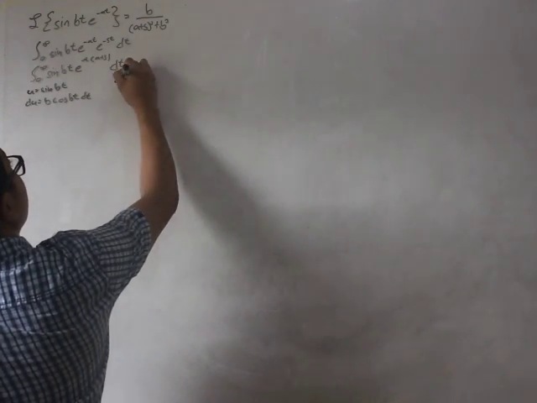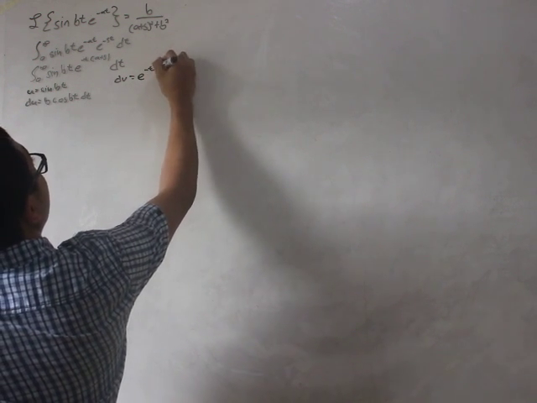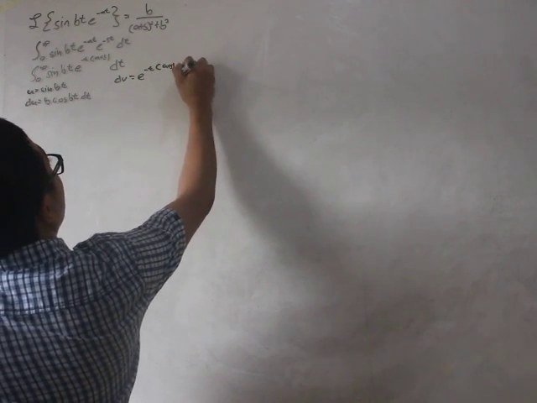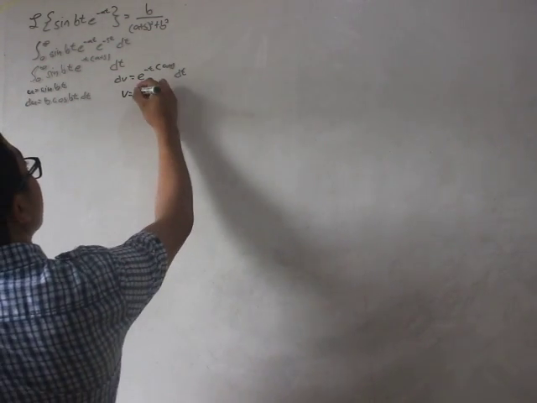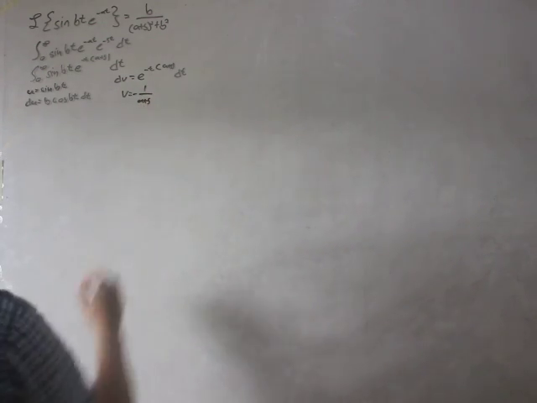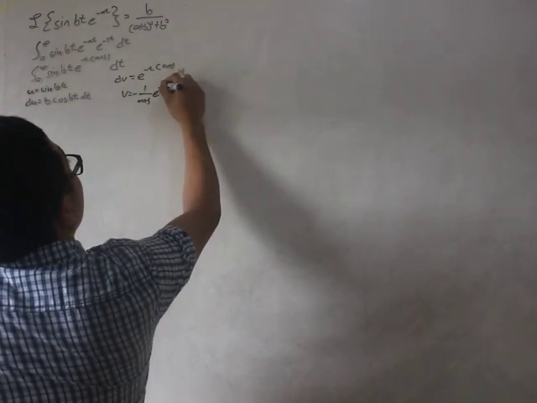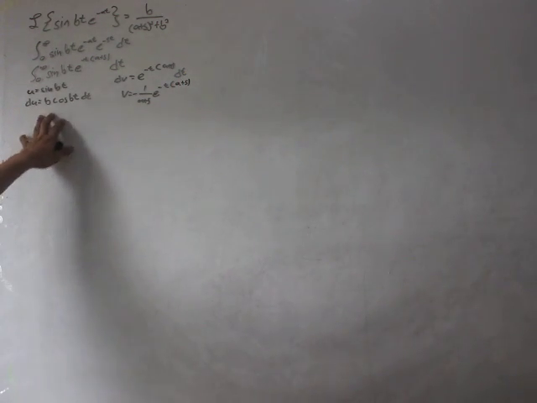Our dv is e raised to negative t(a plus s) dt, and our v as usual is negative 1 over (a plus s) times e raised to negative t(a plus s).